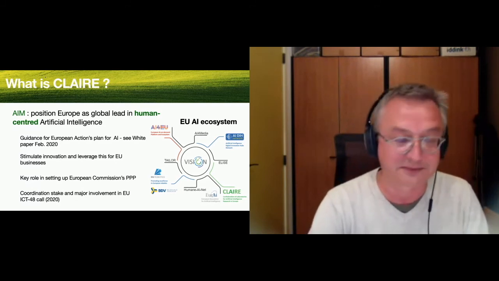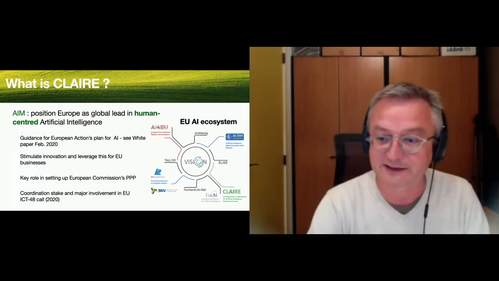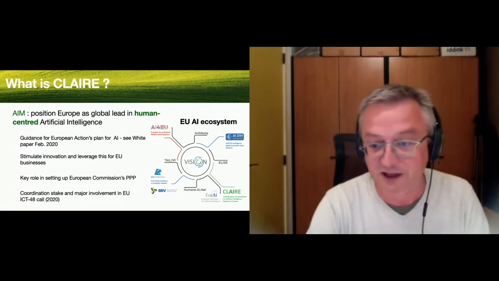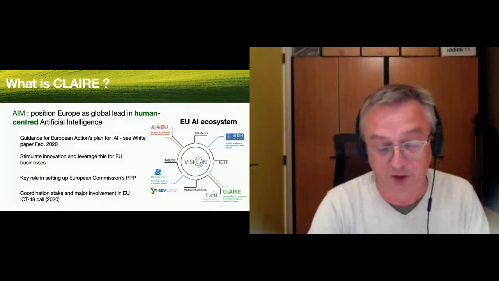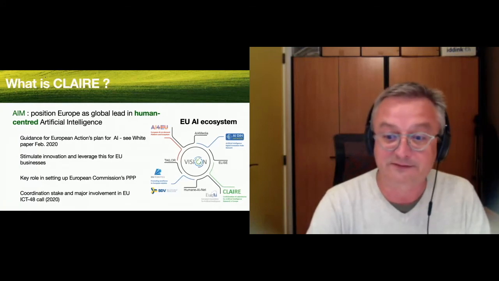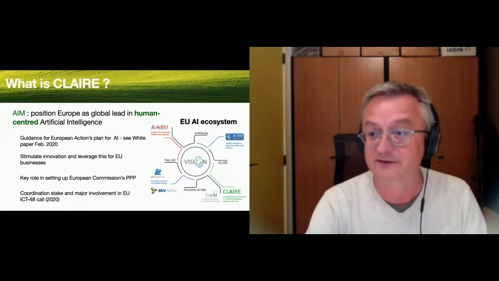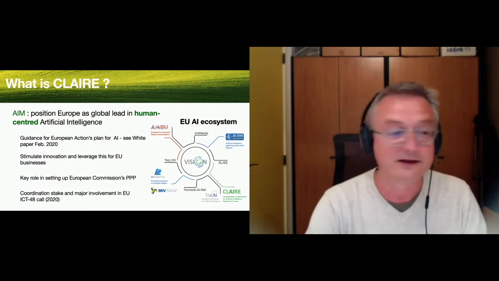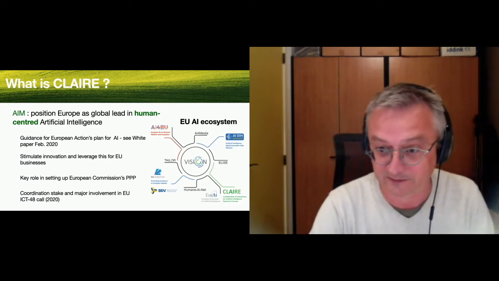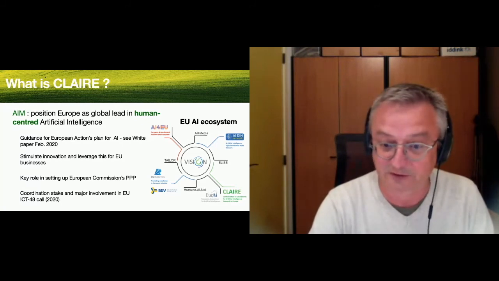Another is about linking this to societal problems, like Human AI Net. And everything is brought together by this VISION coordination task that is run by many people belonging to this Claire network. And this also brings together all the existing groups, like the new AI innovation hubs that are going to be established in the European countries, and also robotics and big data science shown on the bottom.